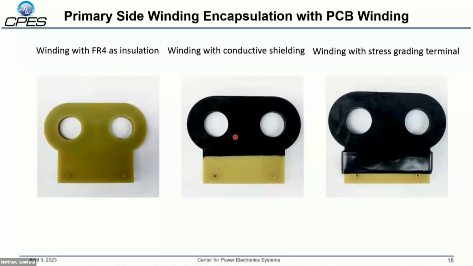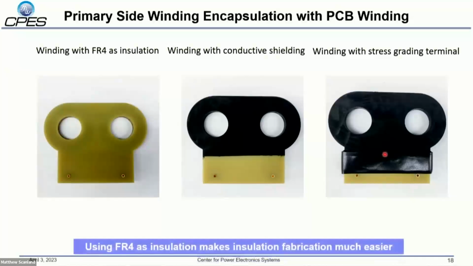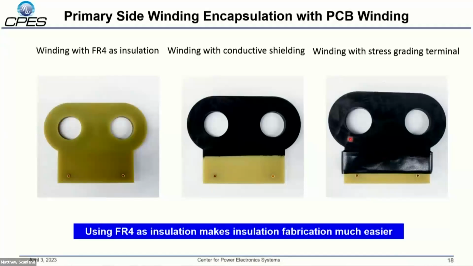We can also coat this conductive shielding ourselves and lead out these stress grading terminals here. The toughest part can be easily done by PCB machines, and the other parts are relatively easy compared with controlling the air voids inside the epoxies.